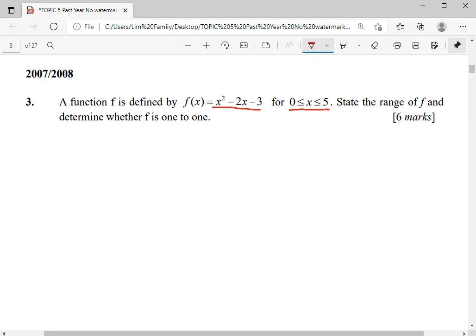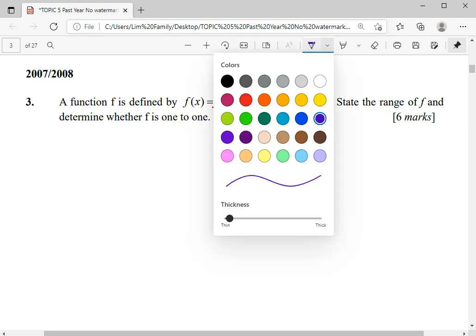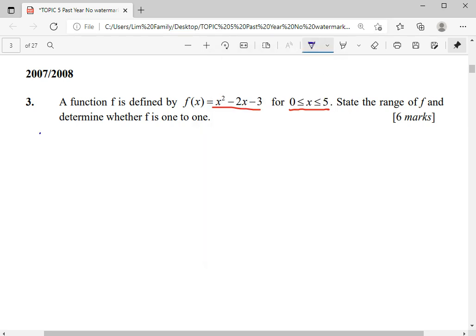So for doing quadratic, we have to do completing the square. Then we can know what is the shape of this graph. So for x squared minus 2x minus 3, we are going to complete the square, put the x into the bracket squared, and then b here will be divided by 2.